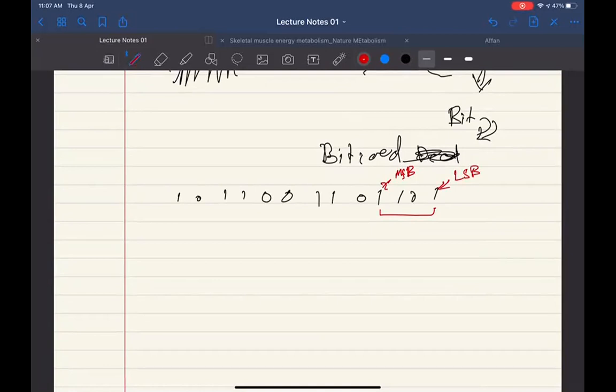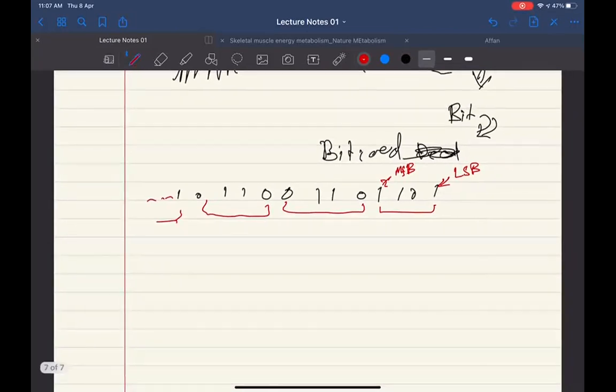So again, we will consider 4 bits, 4 bits, 4 bits, and so on, and then convert each into the equivalent decimal form.